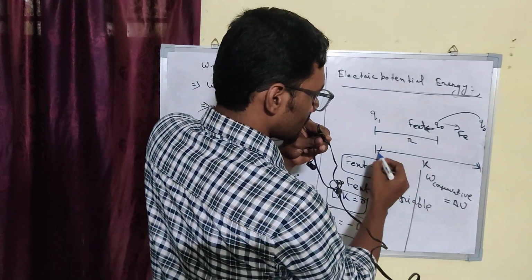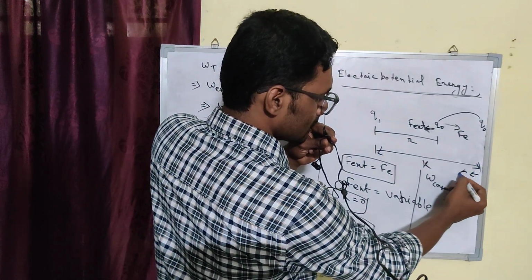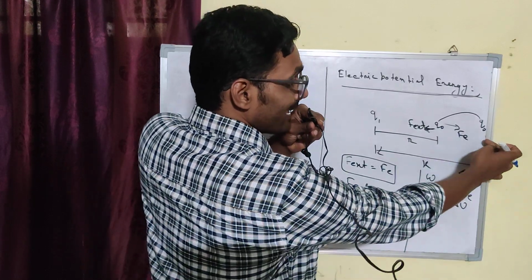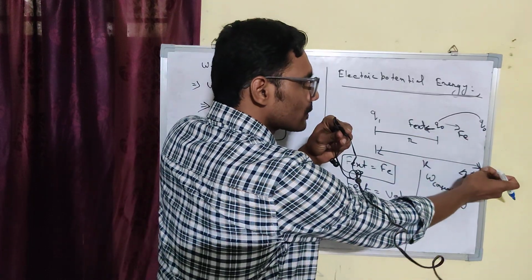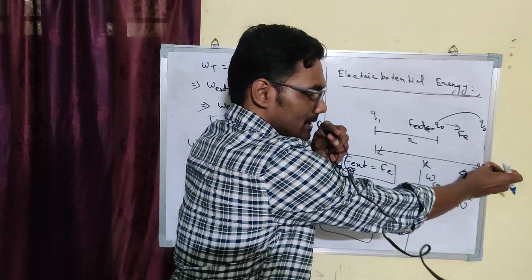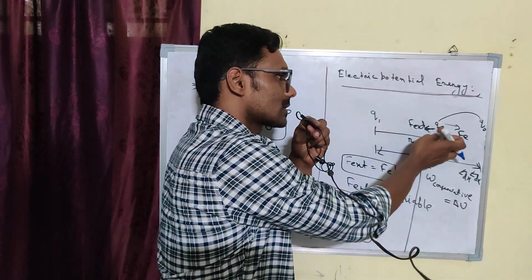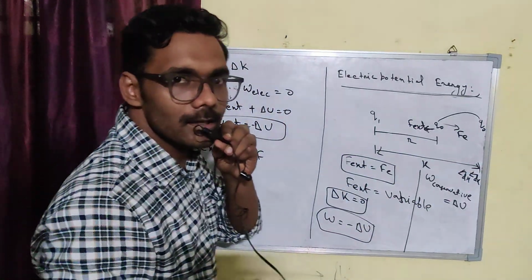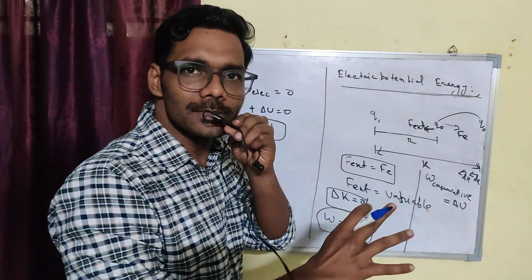Let's say this is the distance x, and small dx elements are in this direction. We are pulling the charge in this direction, and the external force is in this direction, right? So both are in the same direction, so the angle will be 0 degrees.